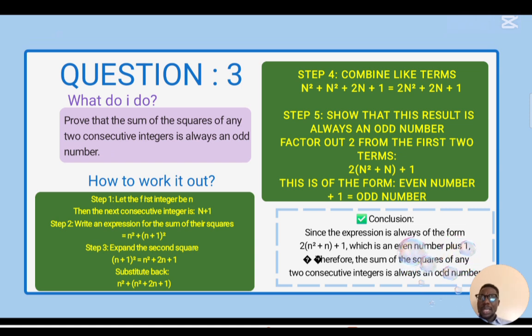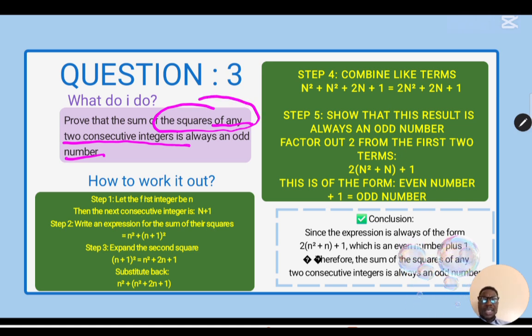Number 3 says: prove that the sum of the squares of any two consecutive integers is always an odd number. So we are working with the squares of any two consecutive integers. First, let's determine our integers.